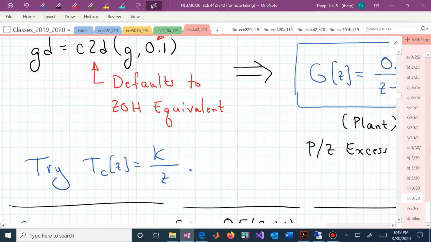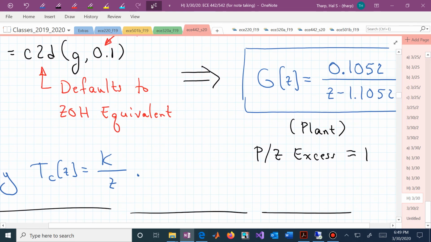You're wanting a deadbeat response. Well, maybe you say, let's not increase the order of my desired closed loop transfer function. And we want maybe a deadbeat response. My denominator then is just Z, or a factor Z minus 0. I had a first order system here.